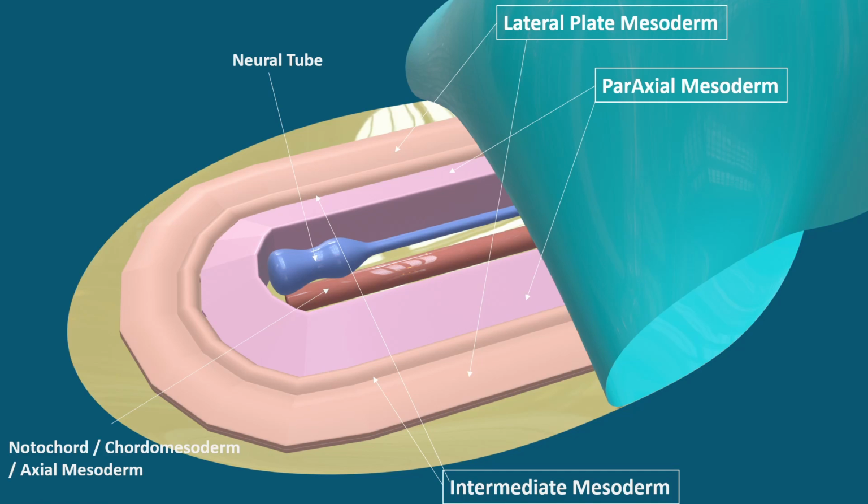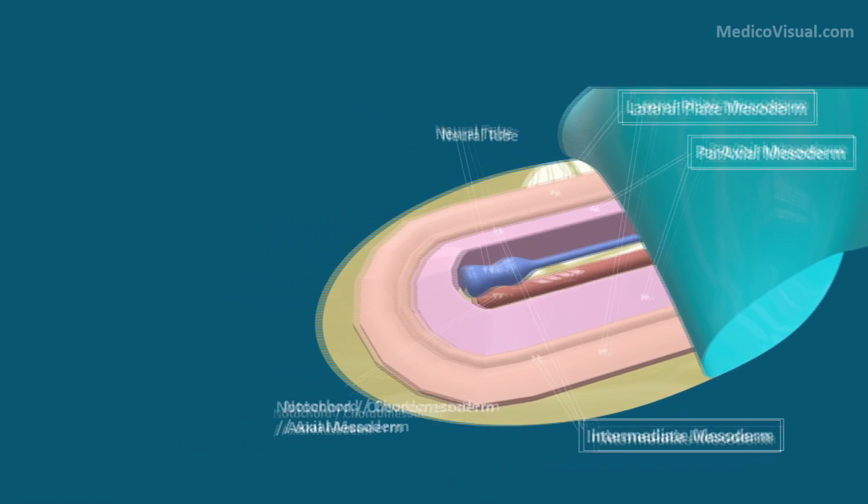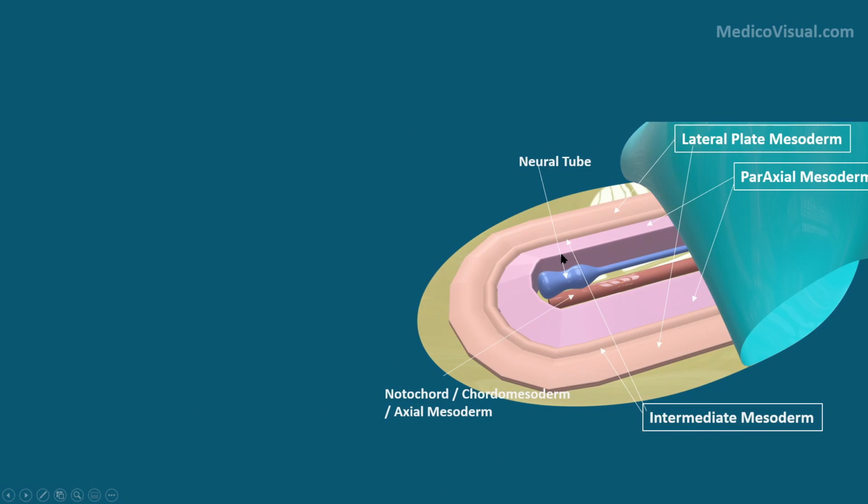Now let's look at it in another way. Let's suppose we cut a cross section here, and let's see what happens.